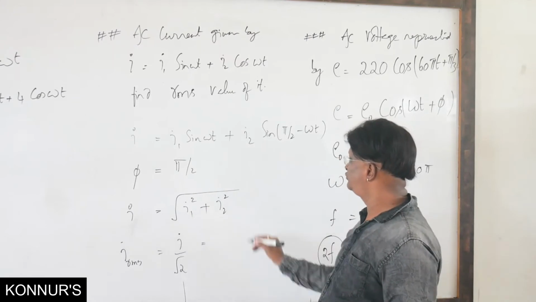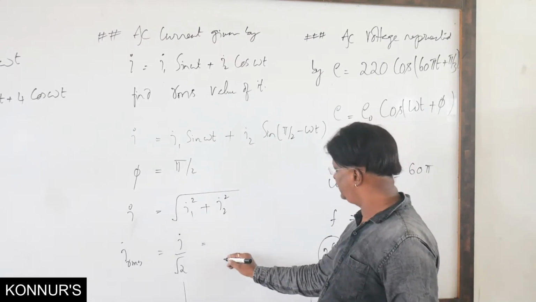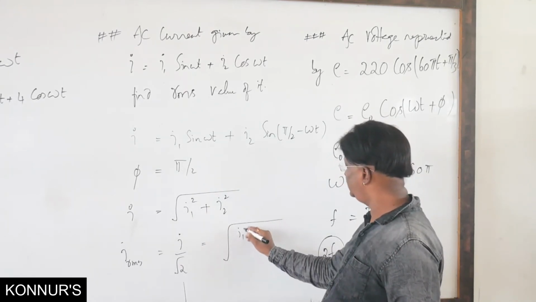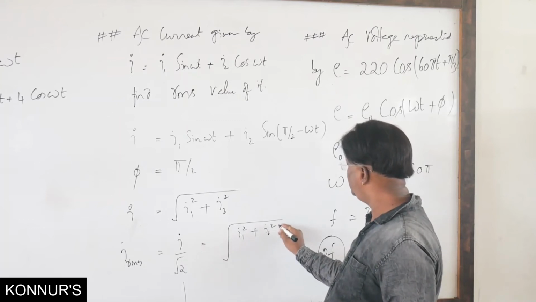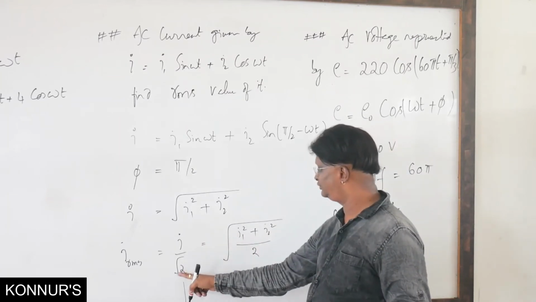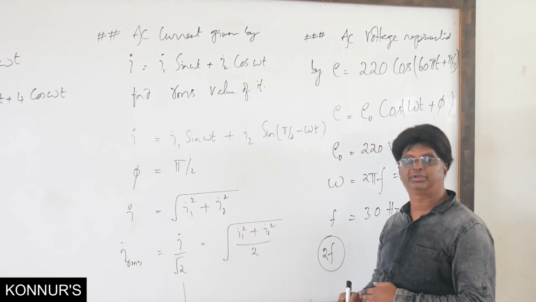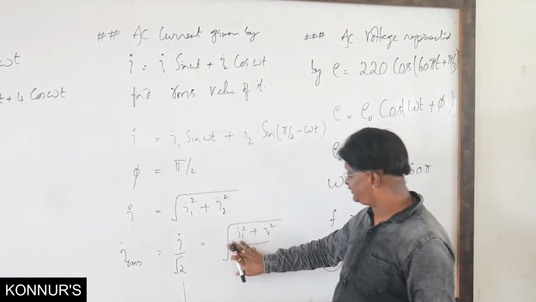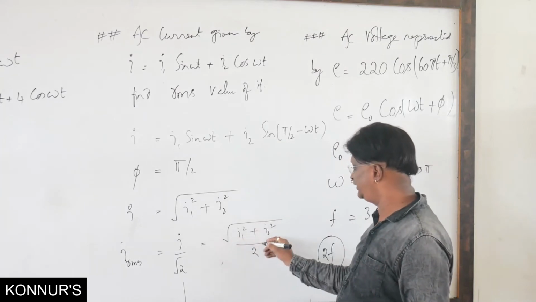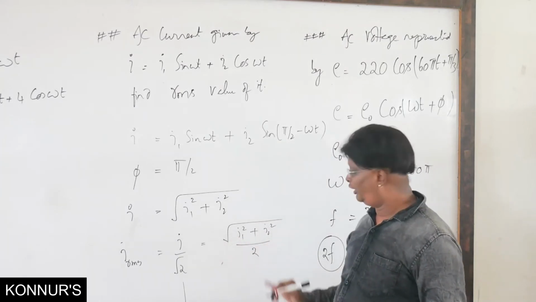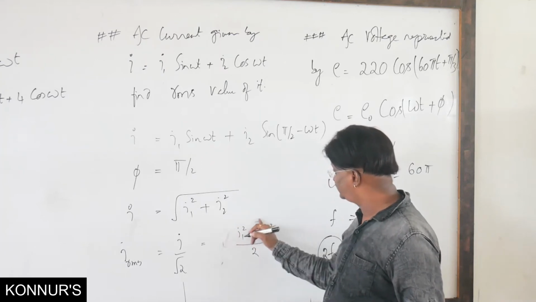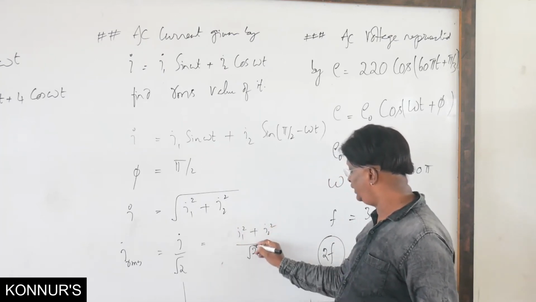So root of I1 square plus I2 square, diluted by root 2. Shall I write this answer as root of I1 square plus I2 square by 2? Because it is also under root, whole under root. This is where it becomes very, very important. Sometimes the options will be like root of I1 square plus I2 square by 2, or I1 square plus I2 square by root 2.